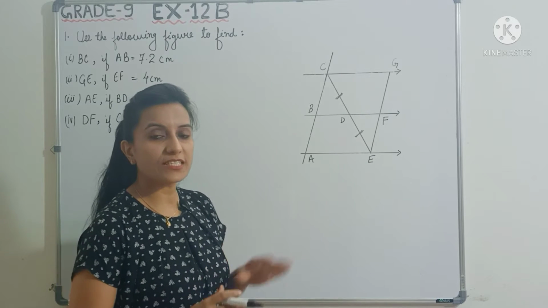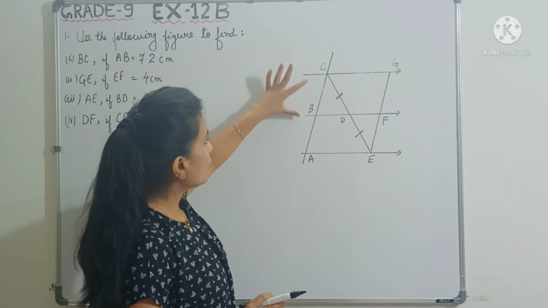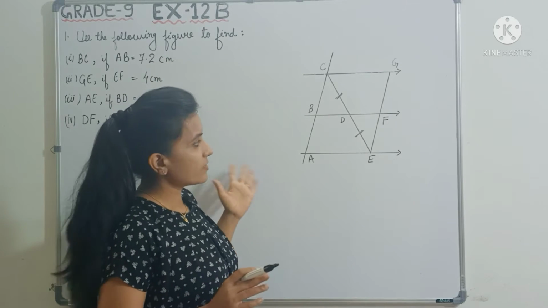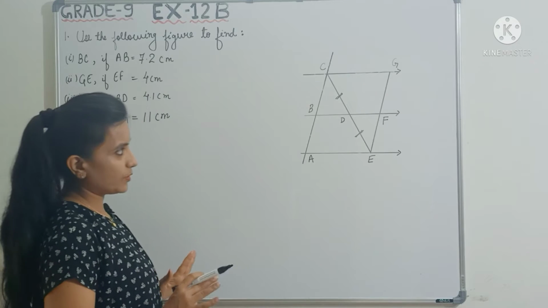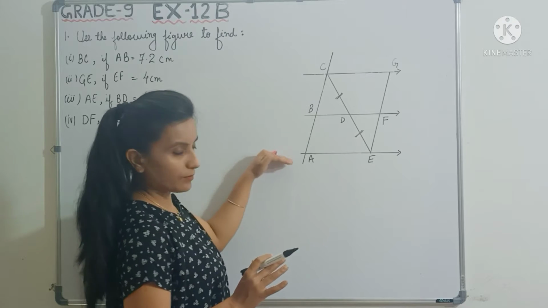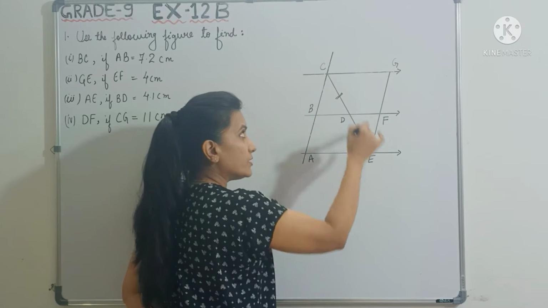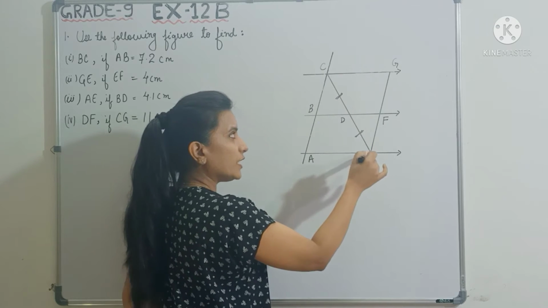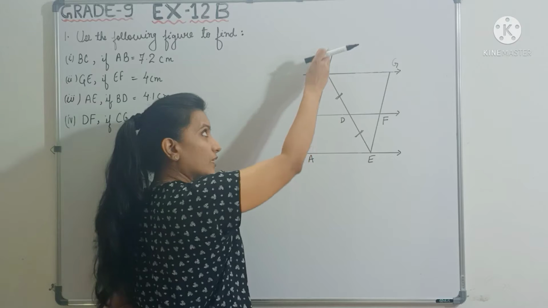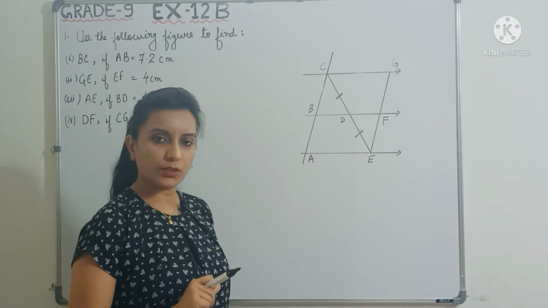So can you use this equal intercept theorem here to find the length of BC when AB is 7.2 centimeter? Yes, we can use it. It's a very simple question. See what is given here. These three lines are parallel, correct? And this transversal CE is making equal intercepts on these three parallel lines, right? So even the other transversal, which is CA, will make equal intercepts.